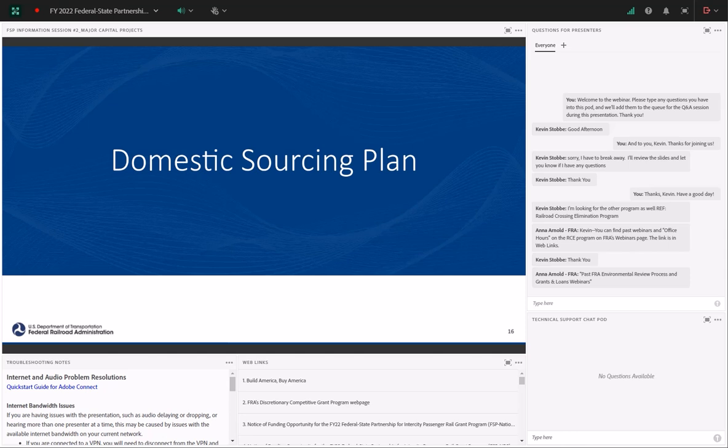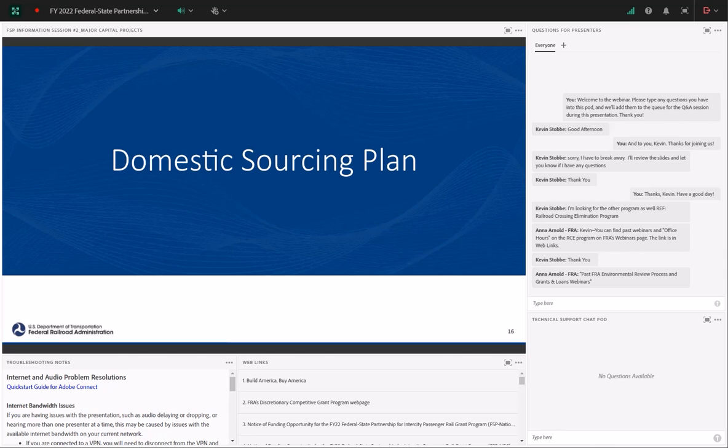The domestic sourcing plan will be required prior to obligation if selected. To streamline this process as much as possible, we're encouraging applicants to think about submitting the domestic sourcing plan at time of application.